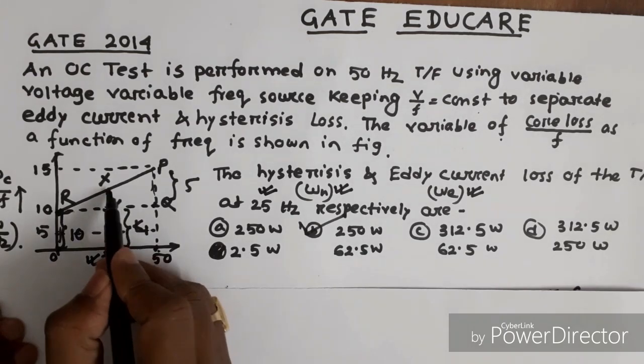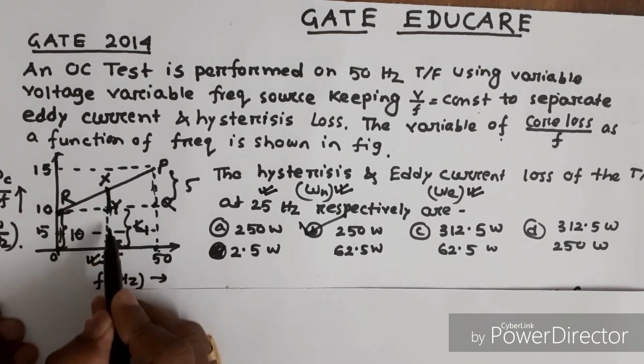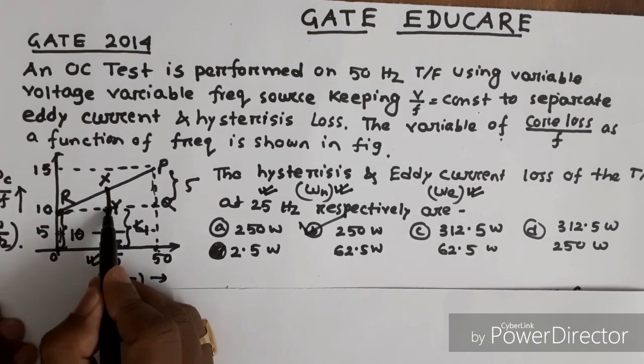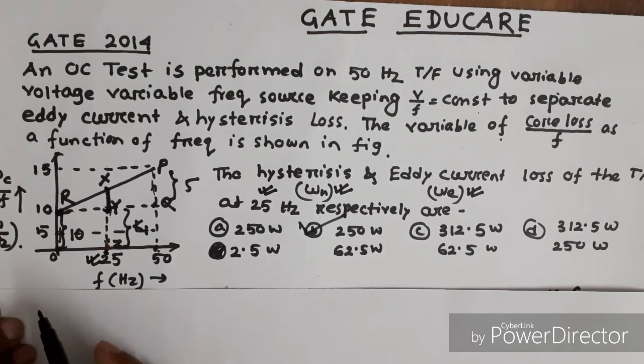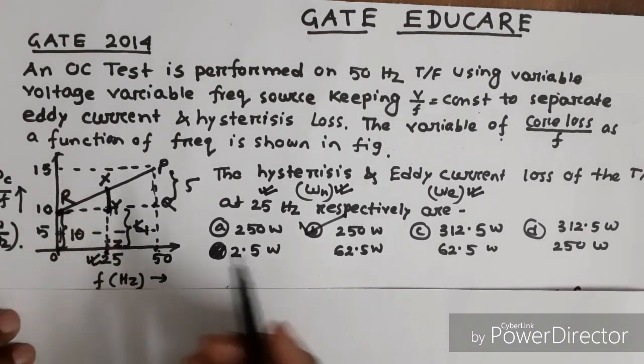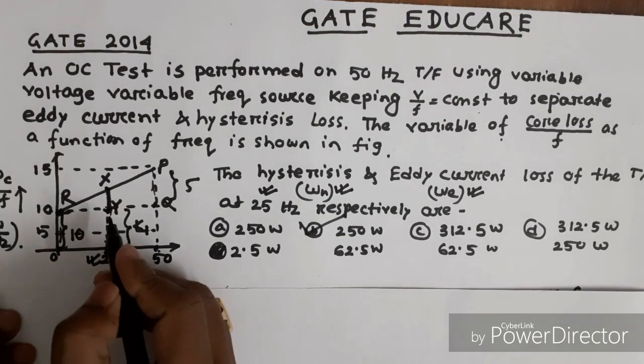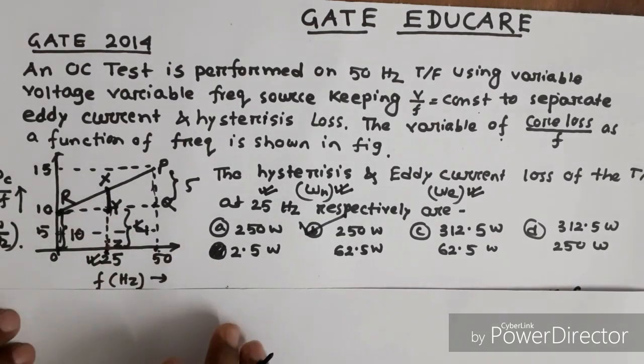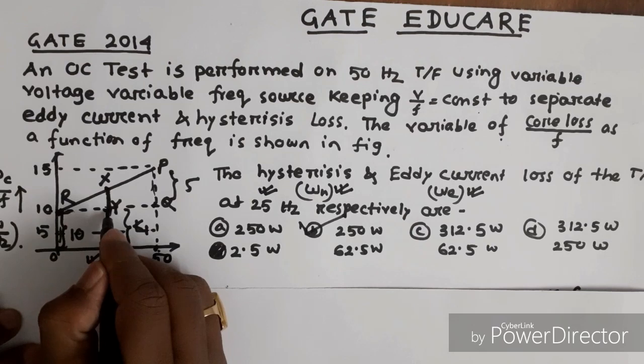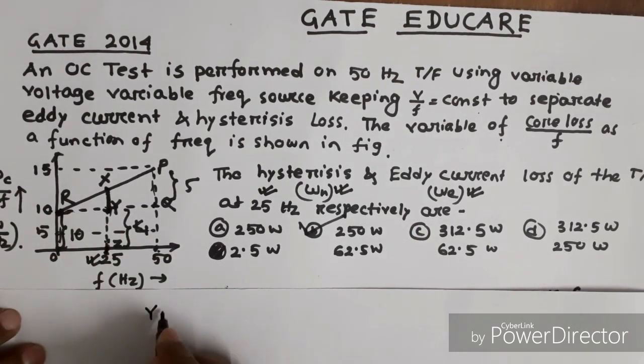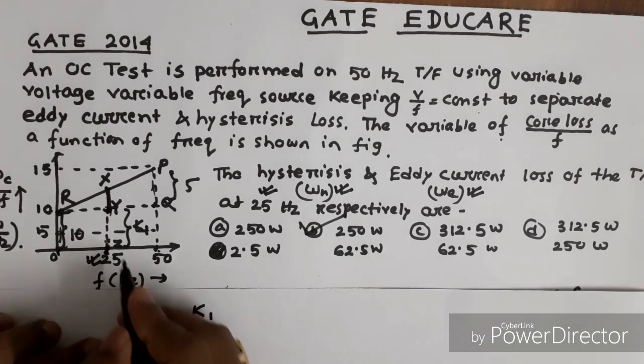Let this point be X, this Y, this Z. As in the theory portion we have learned, this is YZ. YZ equal to K1.